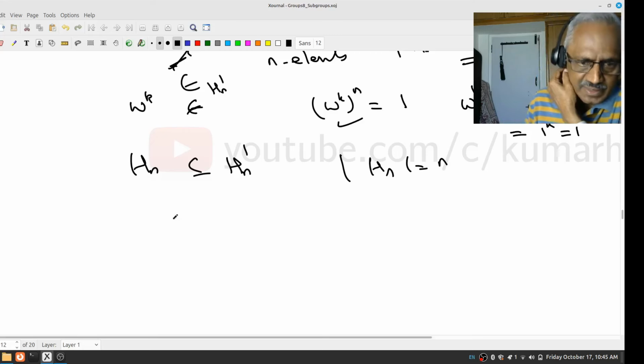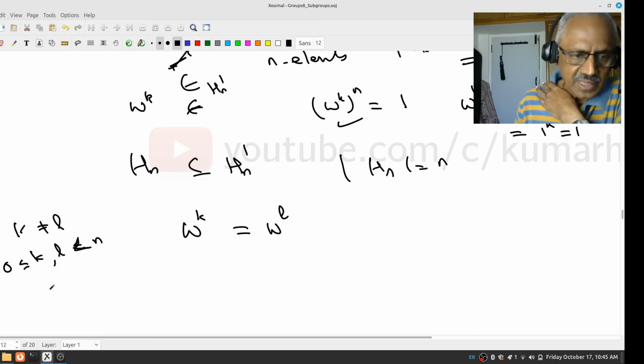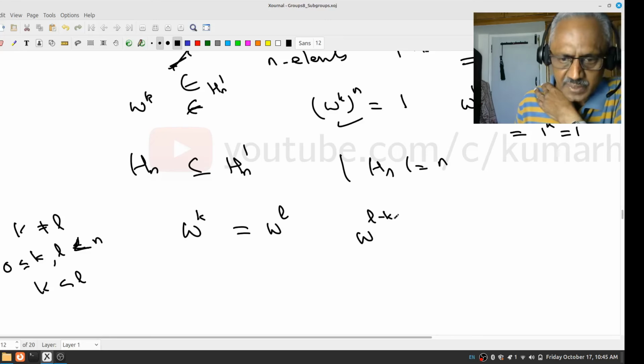How do I know that? Let us look at omega power k. Suppose omega power k equals omega power l, where k is not equal to l, and 0 less than or equal to k, l strictly less than n. Without loss of generality, let me assume k is less than l. Then this means omega power l minus k equal to 1.